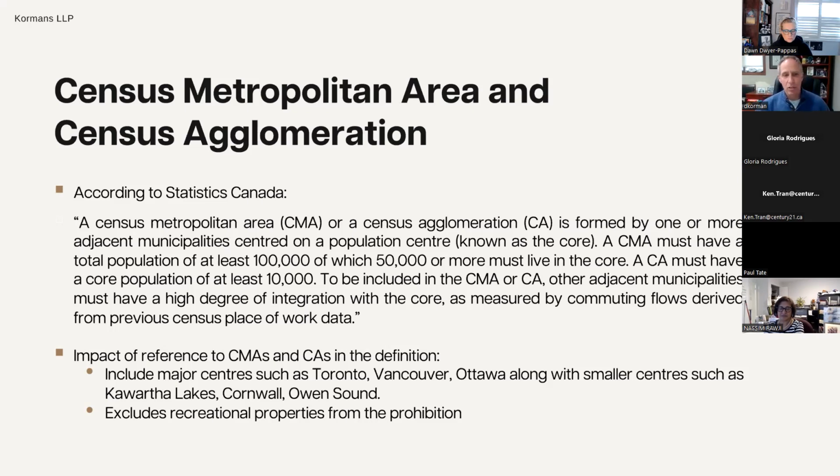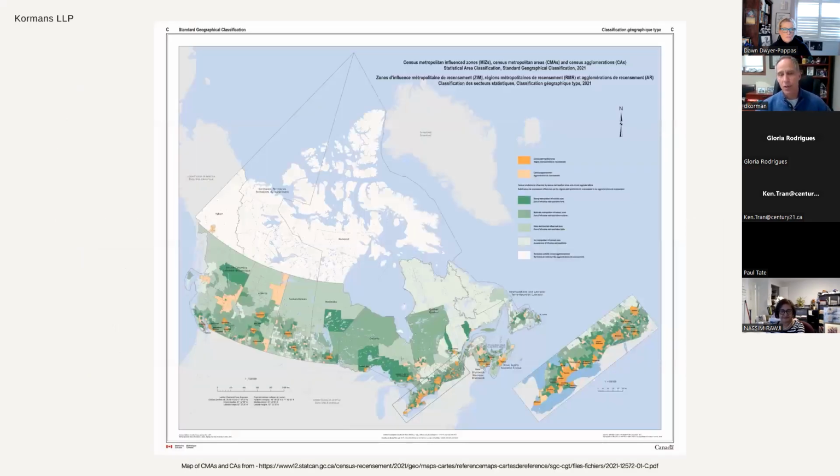They're trying to capture major centers, the big cities, Toronto, Vancouver, etc., but also some of the surrounding heavily populated areas are still going to be part of these areas where you cannot buy residential real estate if you're a non-Canadian. But if you go outside of this, way up to Timbuktu, then you might fit under one of these exemptions. So I'll show it to you on a map.